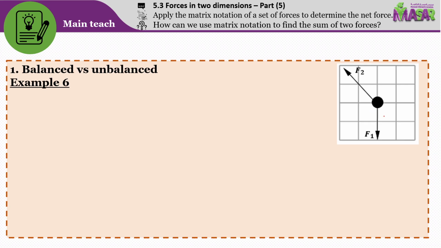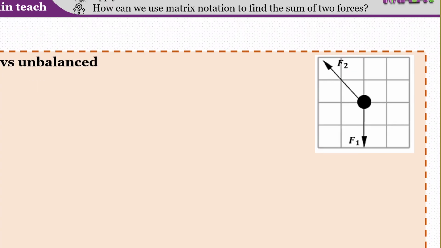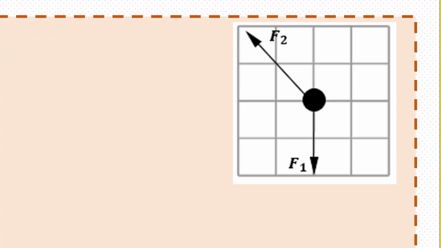Now, in this example, we cannot evaluate unless we decompose F2 because this is an angular force. And we know how to draw the components of F2 by completing the rectangular shape. This is the FH and this one is considered to be FV. Now, let's evaluate the situation according to the components.